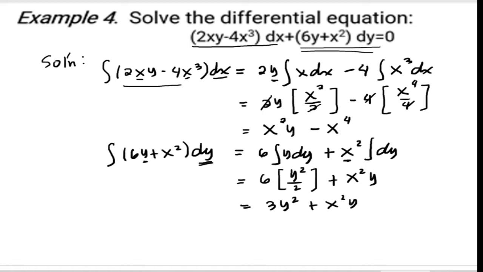Then let's combine. For our answer, we're just going to copy the first answer, that is x squared y minus x to the fourth. Then, in our second expression here, 3y squared plus x squared y, I'm going to copy here the 3y squared. So that is plus 3y squared. You notice x squared y is already here.